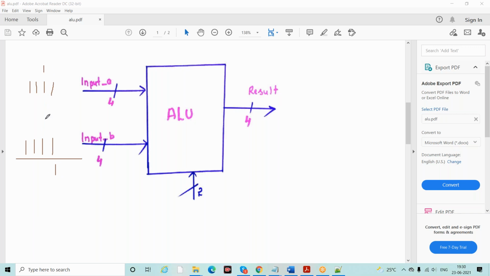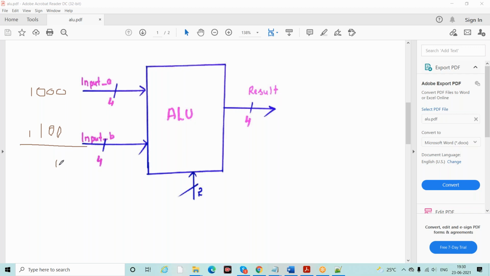So if you add this, finally the 4th bit carry will come out. Or else one more example, 1000 plus 1100.